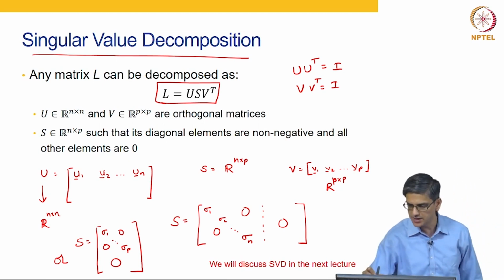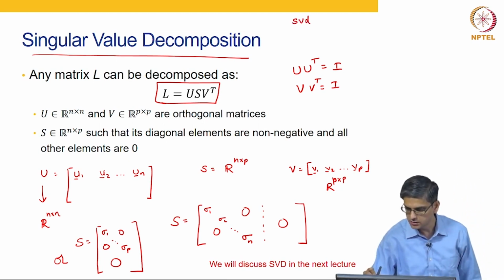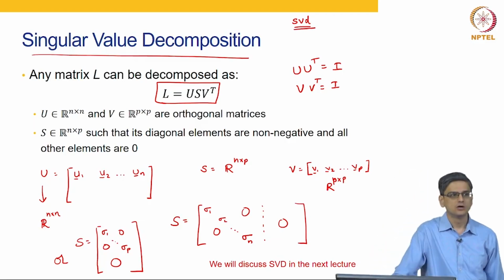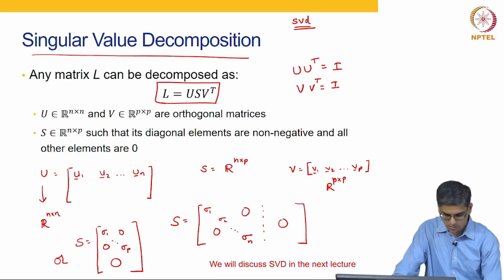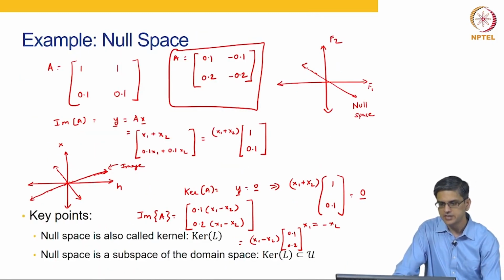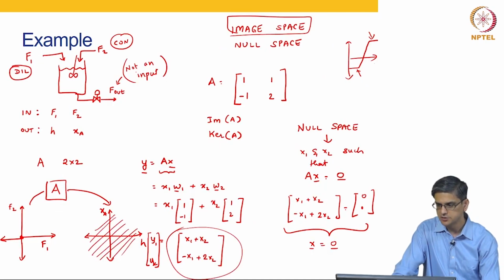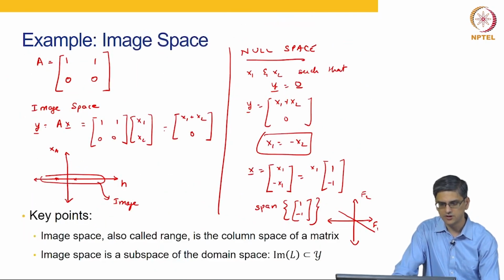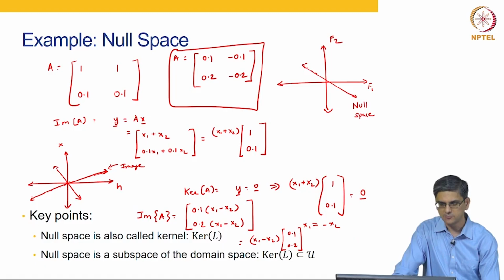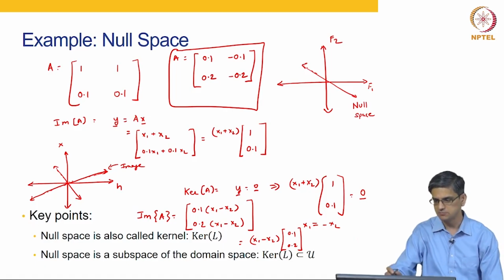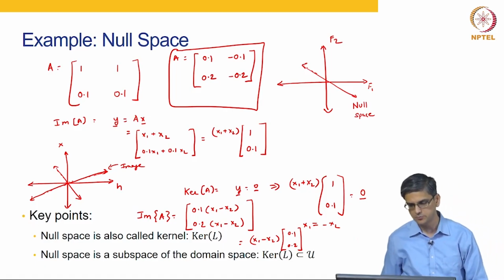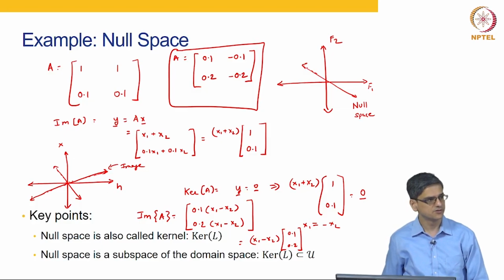And the MATLAB command to do that is going to be SVD. What we will do tomorrow in the MATLAB session, let us take this example, let us look at SVD. We will take these 3 examples, 1 1 minus 1 2, 1 1 0 0, and this one 0.1 minus 0.1, 0.2 minus 0.2, and we will see what we get.